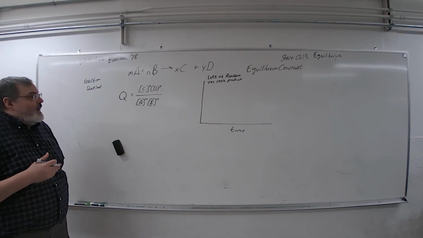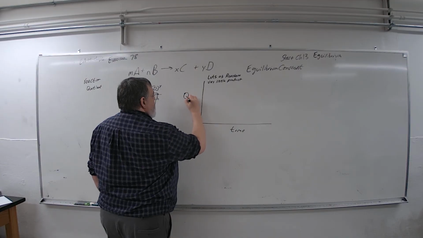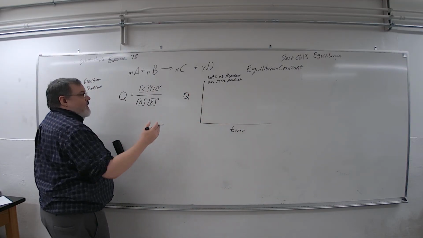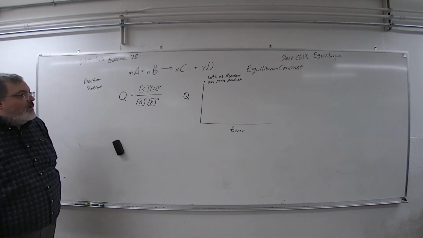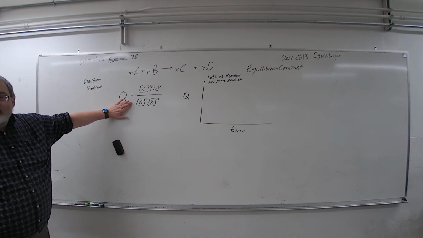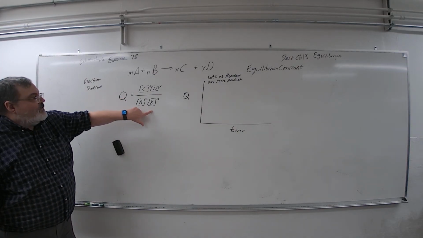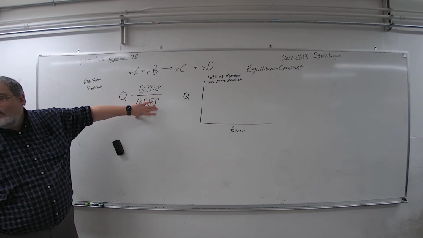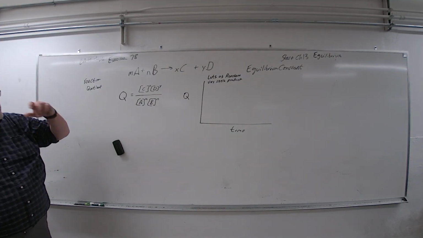If I have lots of reactant and very little product, and I'm graphing Q here, so the reaction starts. So if I do have lots of reactant and very little product, what would you say about Q here? Lots of reactant, big number for the denominator, a small number for the numerator, what do you think this would be?